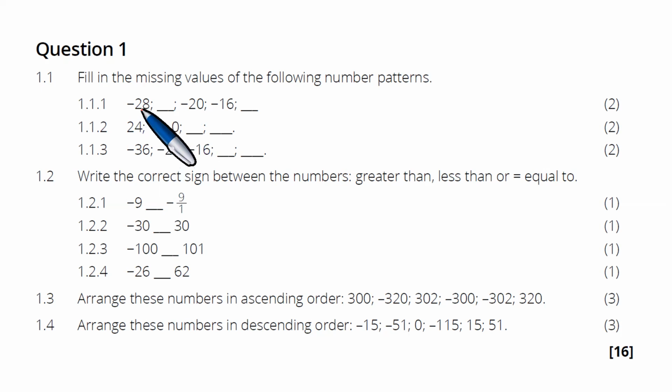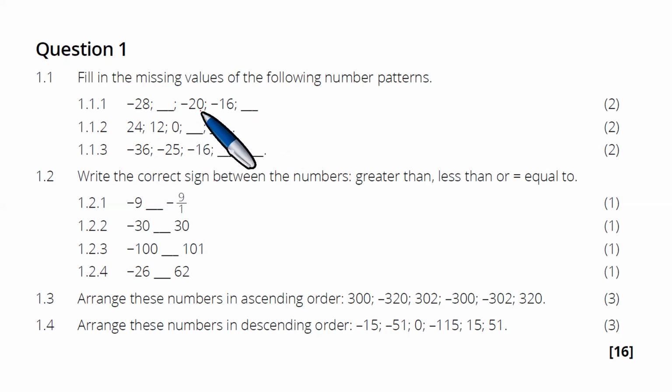Minus 28, blank space, minus 20, minus 16, blank space. So we're asking the question, what number must be here? Because now we're starting from minus 28, then there's a blank, then minus 20, then minus 16, then another blank space.